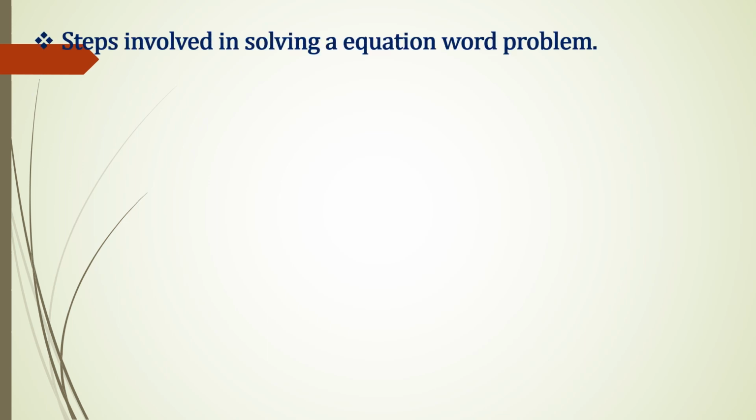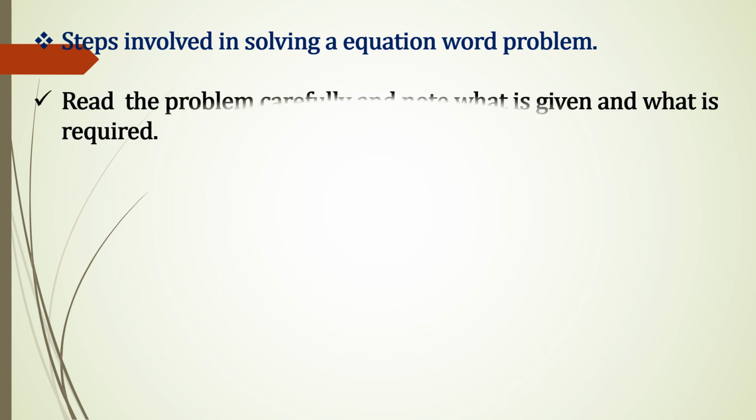Okay, students, before solving a word problem, there are a few steps you have to follow to solve the word equation. So, the steps involved in solving equation word problems are: first, you have to read the problem carefully and note what is given and what is required.